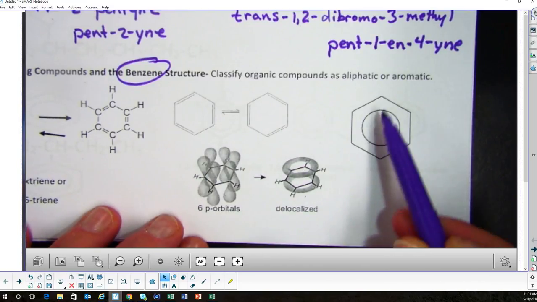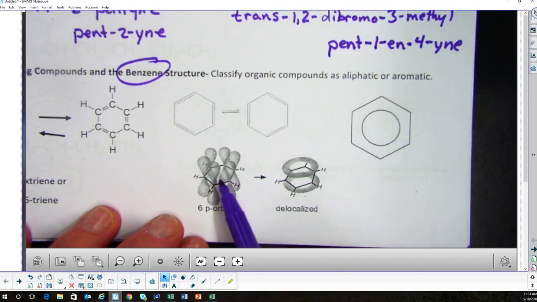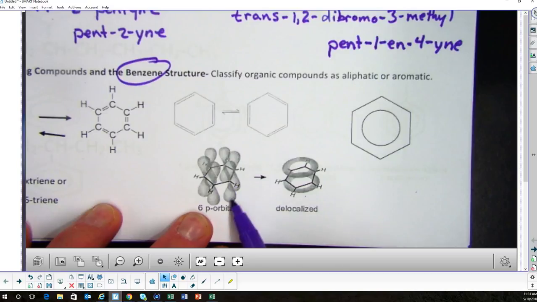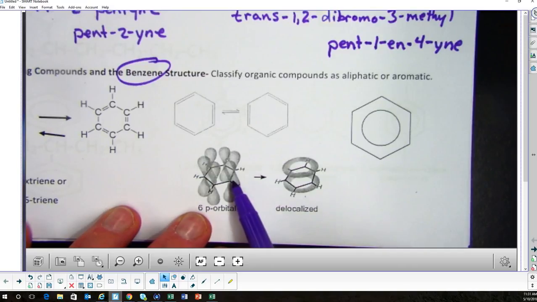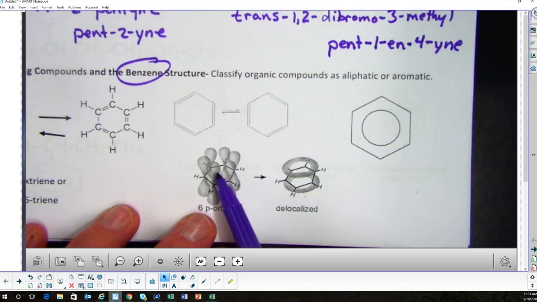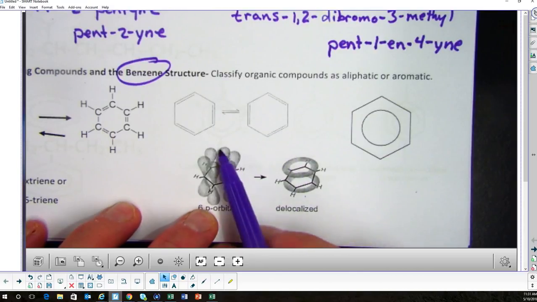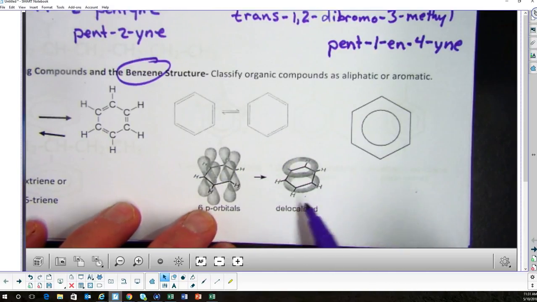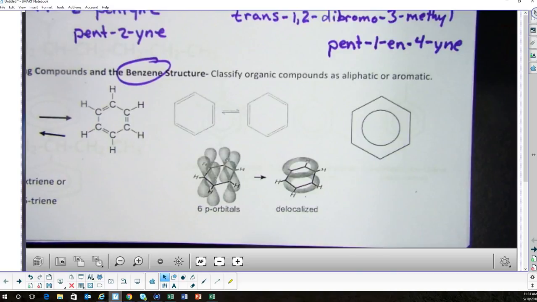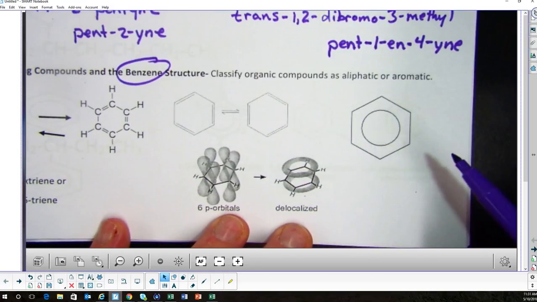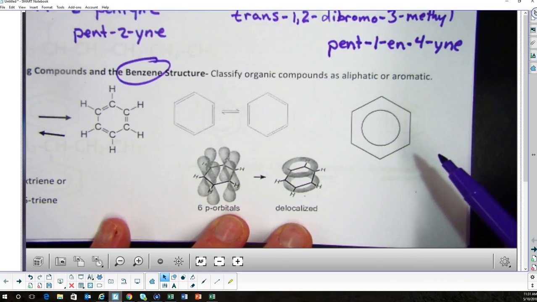Now, to explain this circle, when that hexene ring binds, there's only one pi that's not bound, and that's pi z. Because of that, those electron clouds and that shifting double bond, these actually become a donut shape of electrons. So we have a donut on top and a donut on the bottom. That's where that circle comes from. Okay, so that's the explanation.